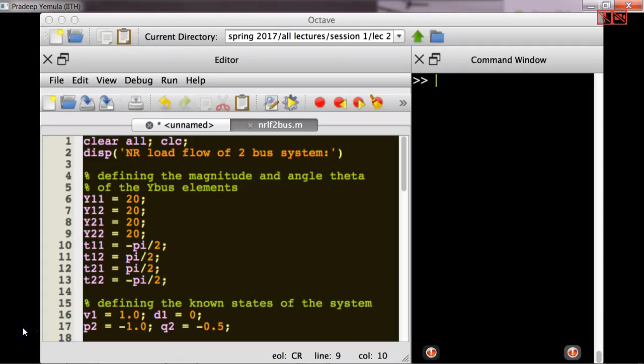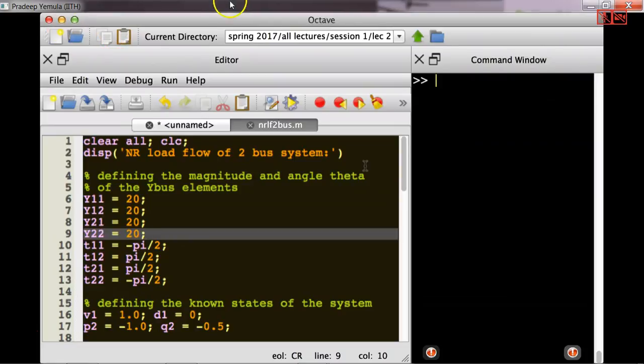I'm just revising it. If you have not tried it yourself, please, when you go home, open Octave or MATLAB, download this code from the link that I've given, execute it, and find out yourself how it works. Let me briefly review the code.